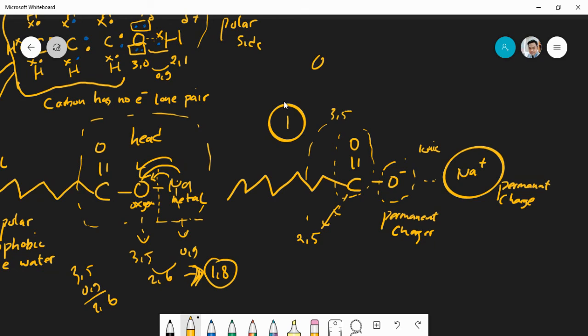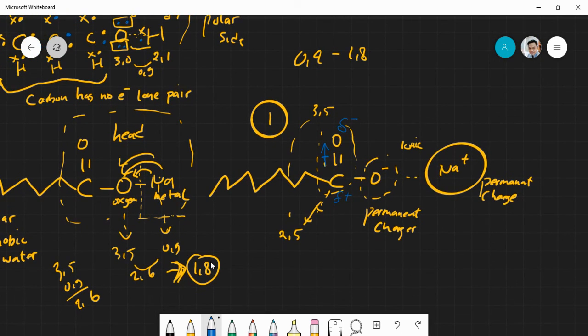Remember, polar is 0.4 until 1.9. So this is polar, and we expect the dipole moment to be like this, partially negative here and partially positive here. So that's polar.